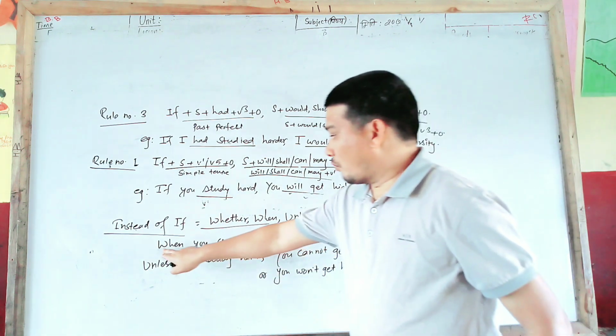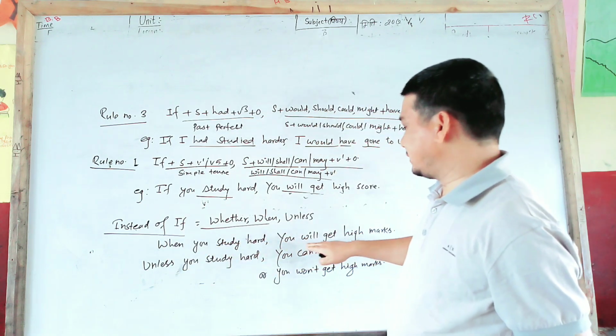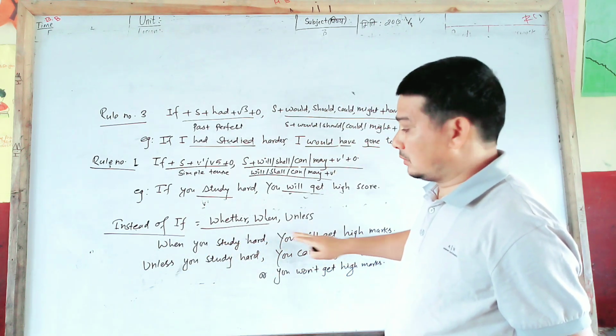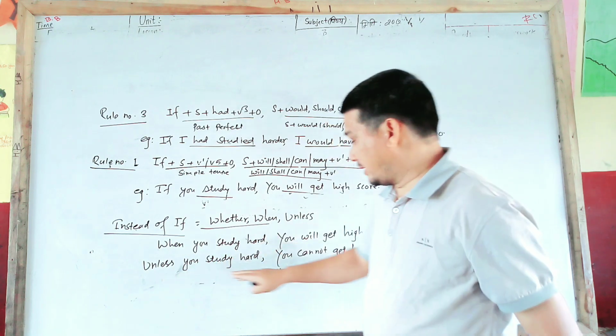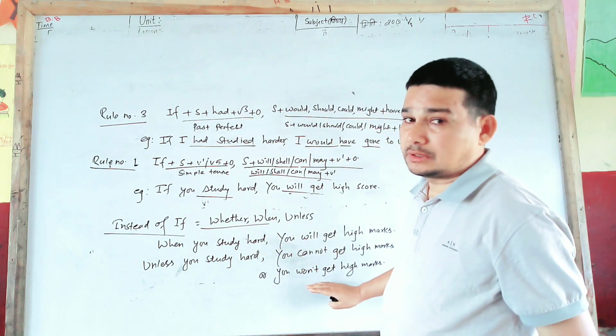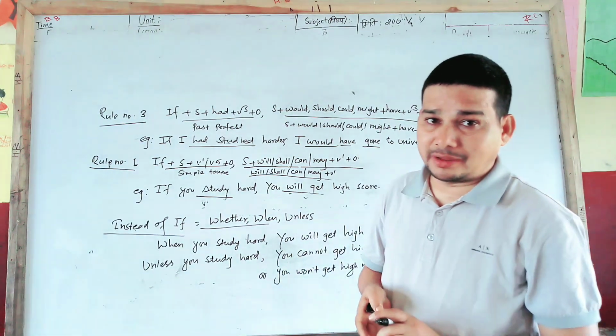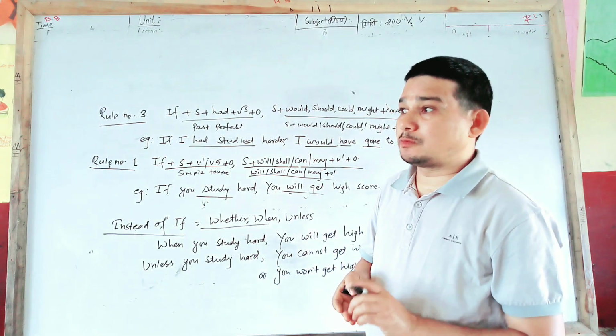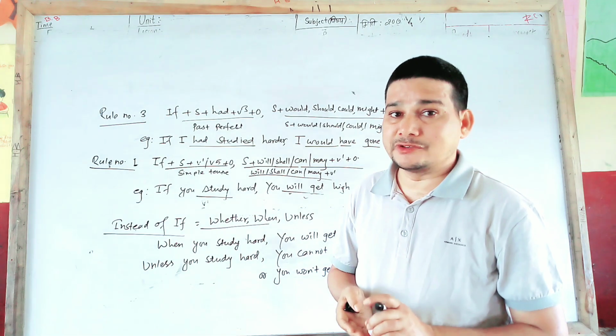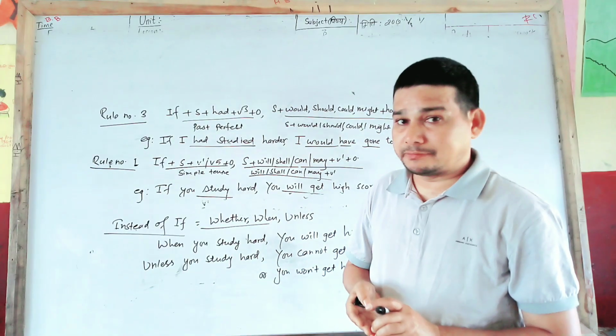So when is there, we write positive, but unless is here, we write negative. So when, if, whether are used for positive, and unless is used for negative.